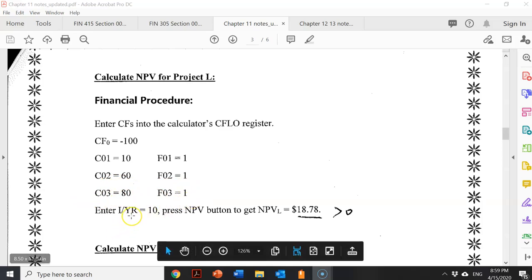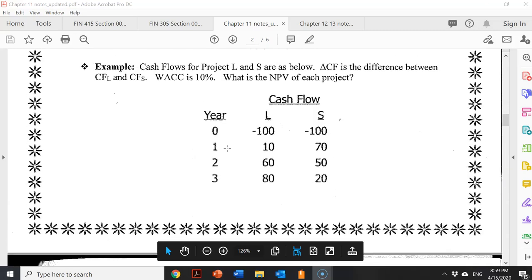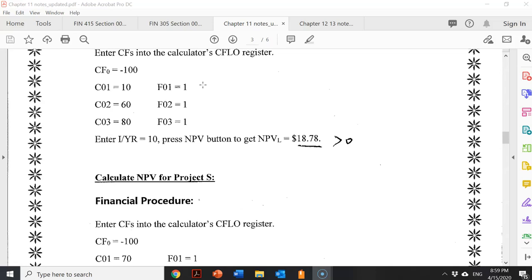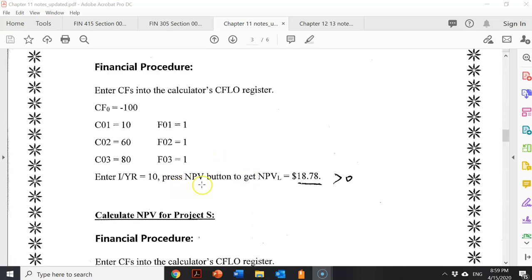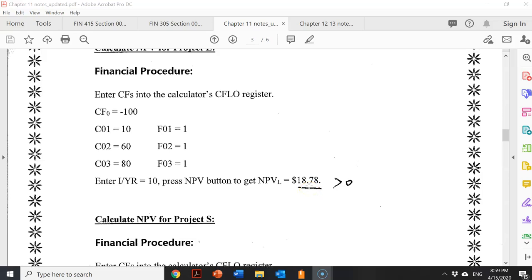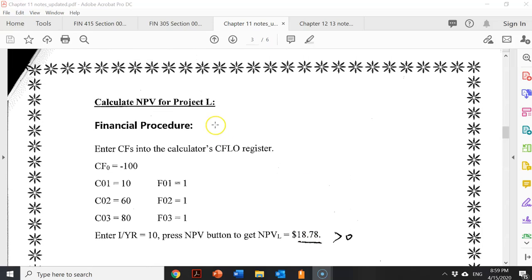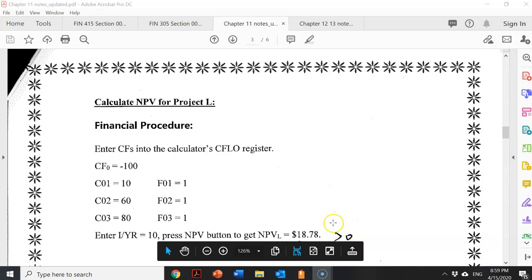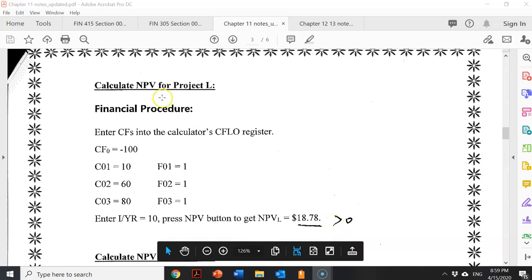And we input I as 10, the WACC, because WACC for both projects is 10%. We press the NPV button, compute, and we have 18.78 as the NPV of project L. It's positive, so if we make an independent decision for project L, because NPV is positive, we would accept project L.